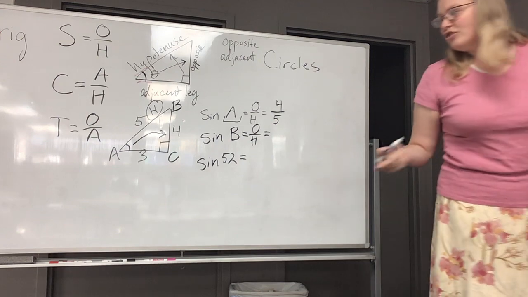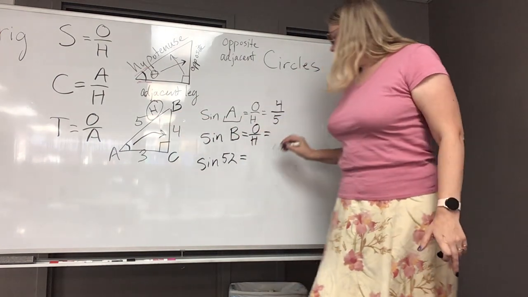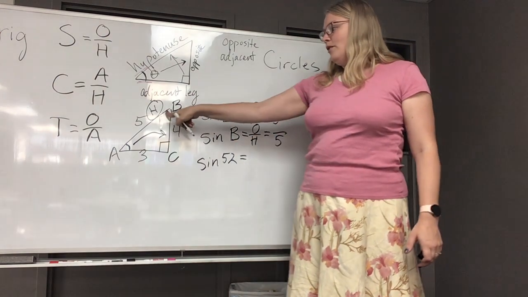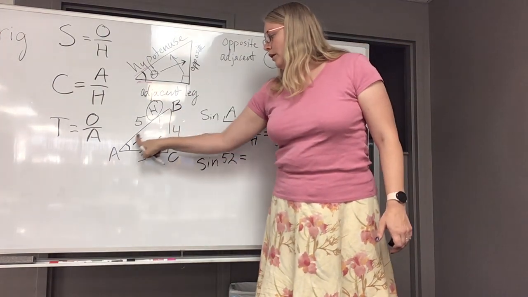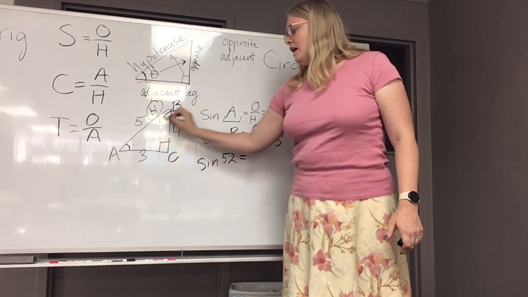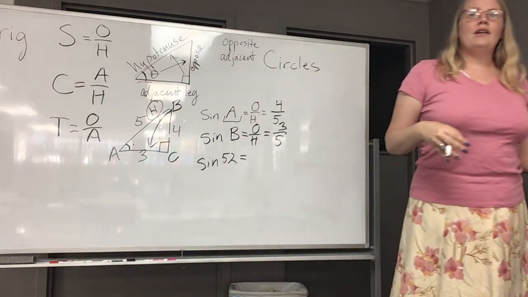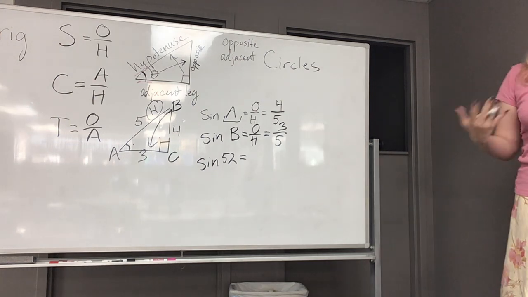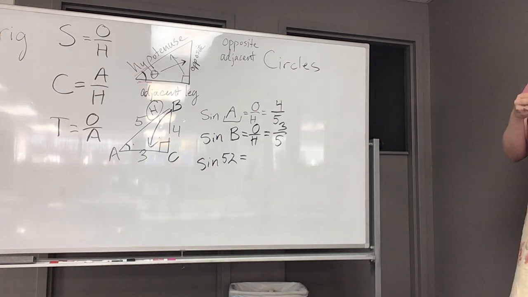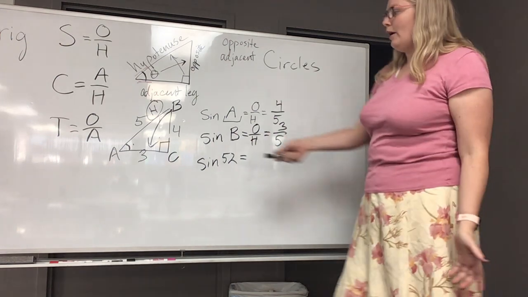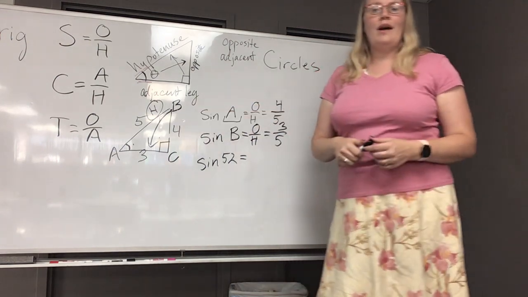It's not going to change. Hypotenuse is still 5. But if we change to angle B, opposite B is 3. And the sine of angle A versus the sine of angle B, it's a different answer, even though they are both sine, because they have a different point of reference.